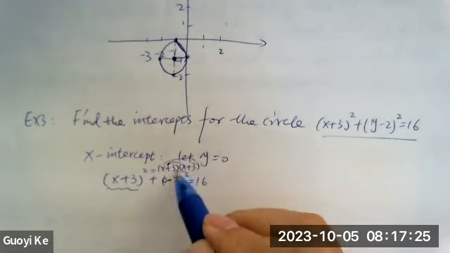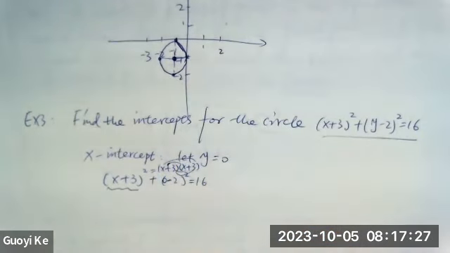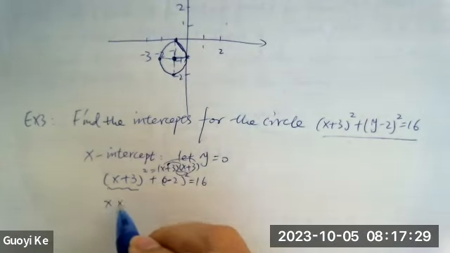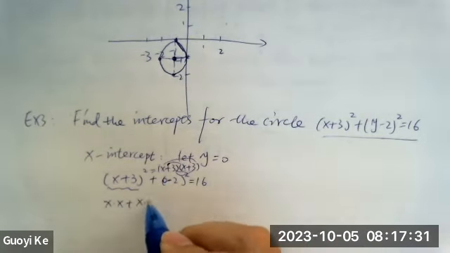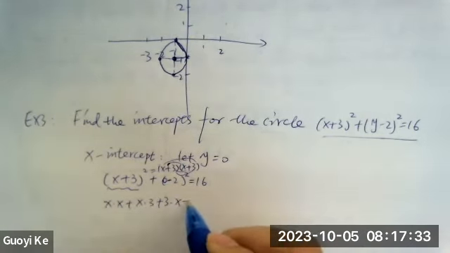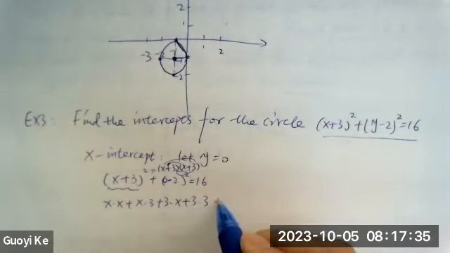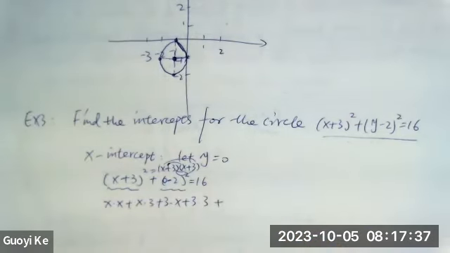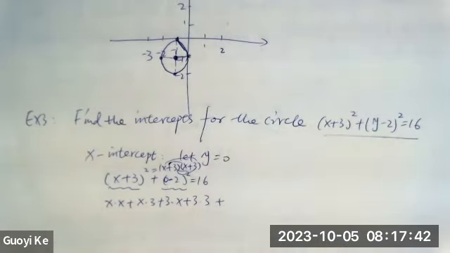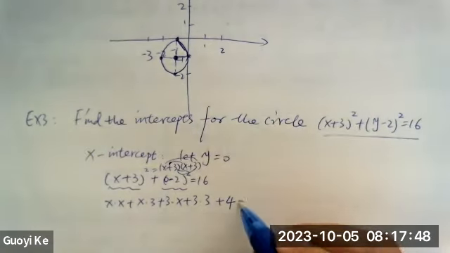We're going to get x times x, x times 3, 3 times x, 3 times 3. And for the second term, (−2)² is going to be +4, right? −2 times −2 is +4.